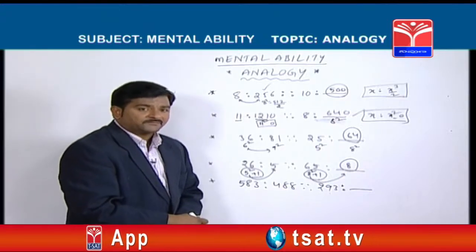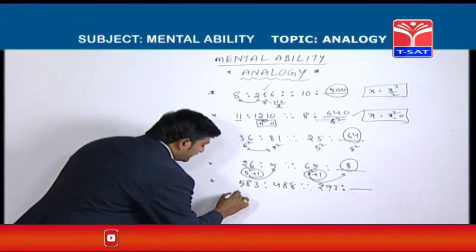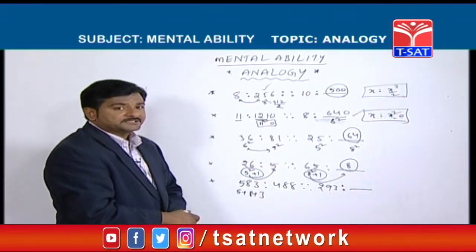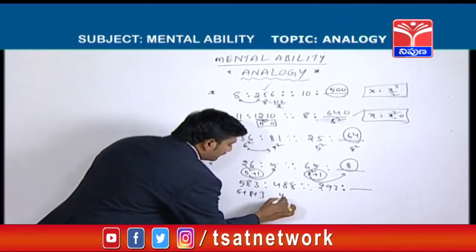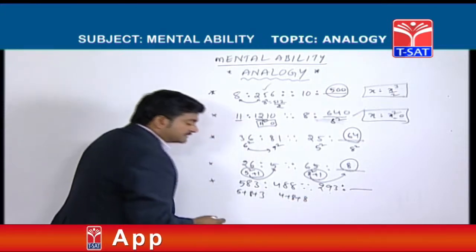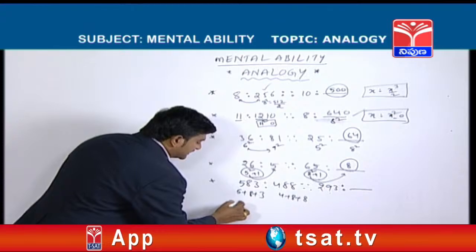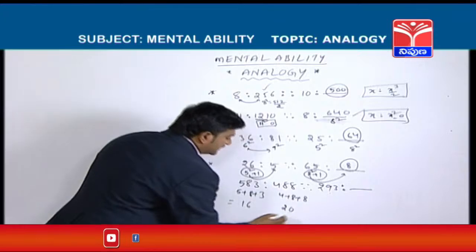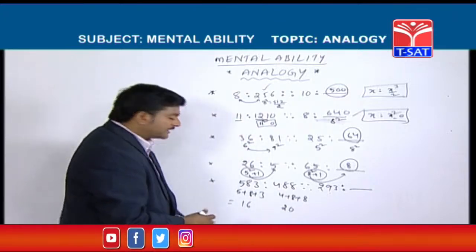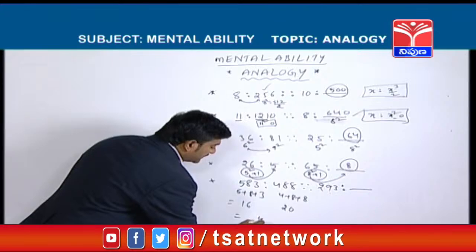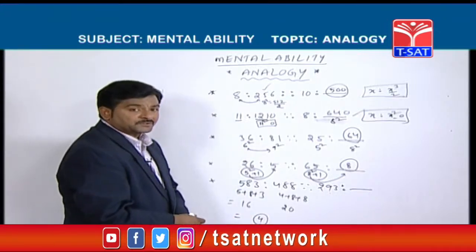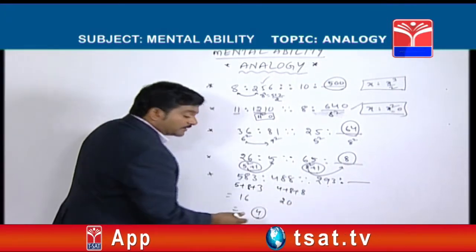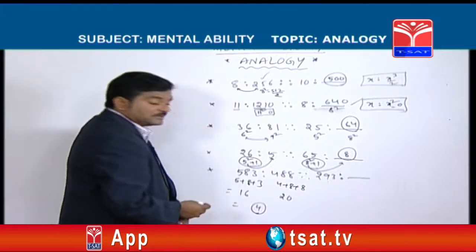Here 5 plus 8 plus 3, and similarly 4 plus 8 plus 8. 5 plus 8 plus 3 gives 16, and 4 plus 8 plus 8 gives 20. The difference between these two numbers is 4. The sum of the digits is 16 here and 20 there, so the gap is 4.